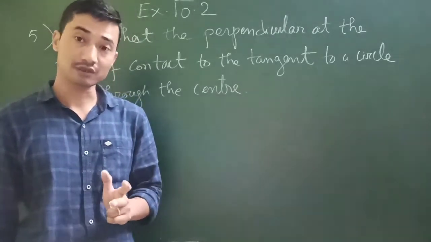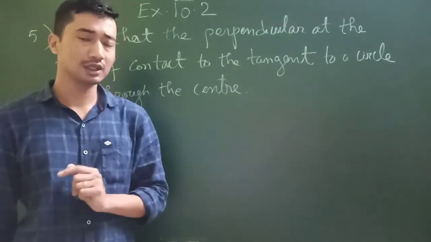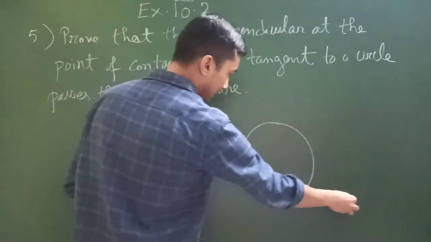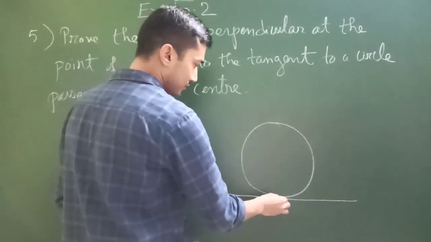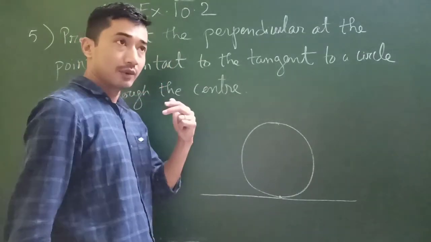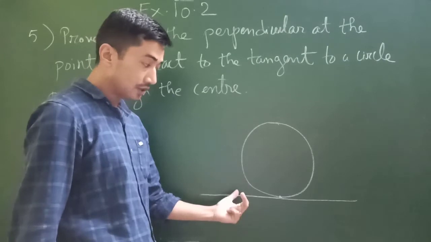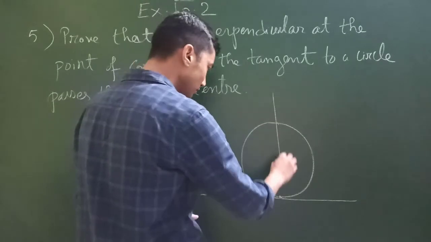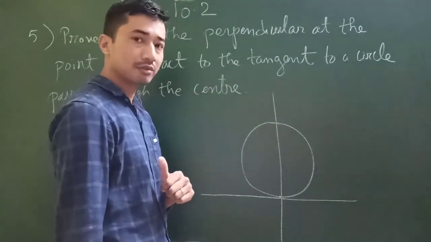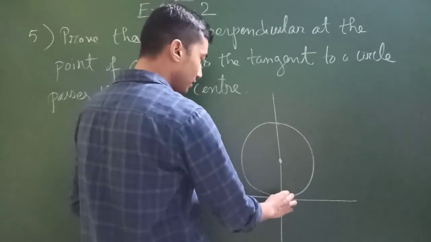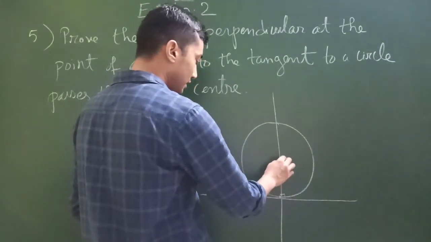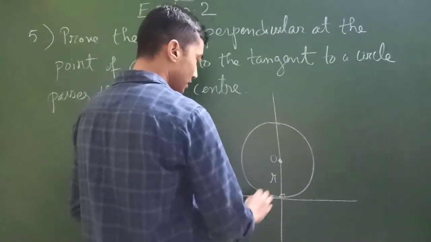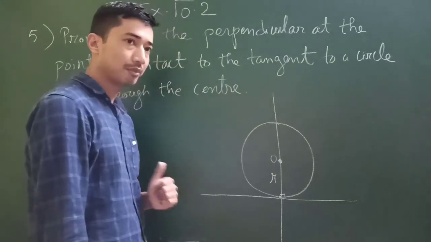One thing is for sure: if I have a circle and there is a tangent, then when I draw a perpendicular to this tangent at the point of contact with the circle, as per the theorem, it is going to pass through the center because that perpendicular happens to be the radius.